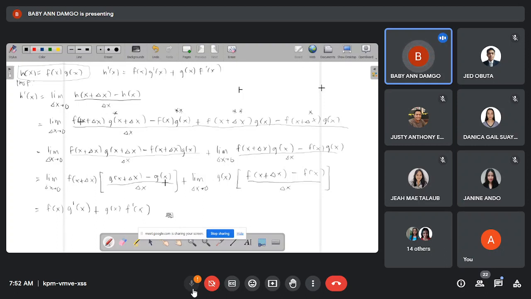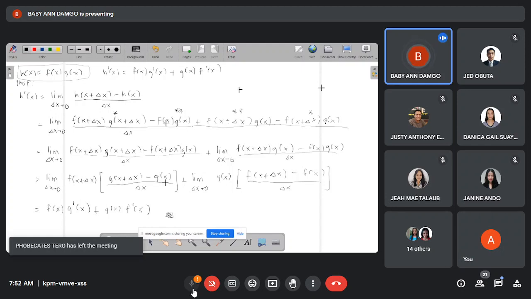So the x here is replaced by x plus the change of x, and the x in g of x is also replaced by x plus the change of x. Minus h of x, so we just copy it.